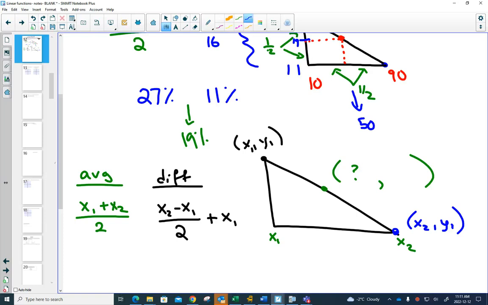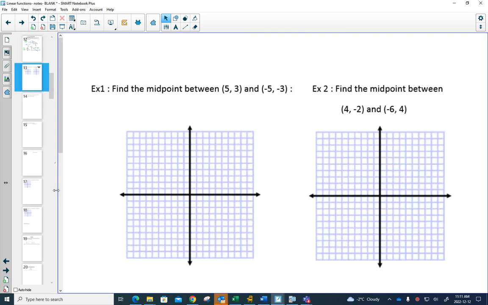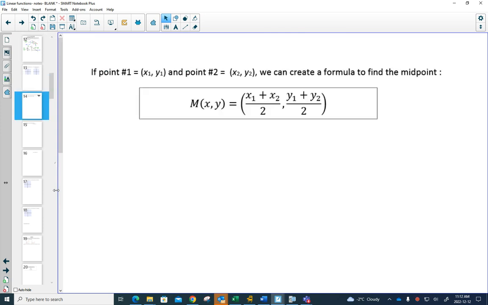And so your midpoint formula is just the average of your x values and the average of your y values. And it's on your notes package there below.